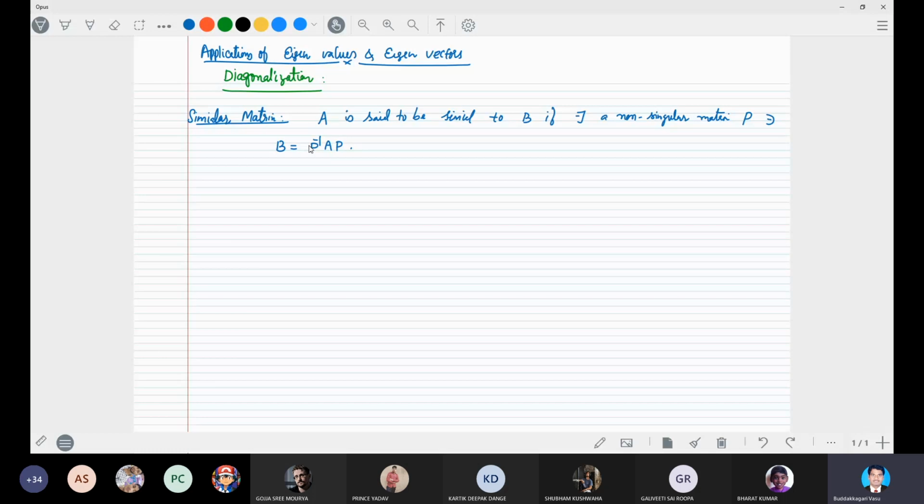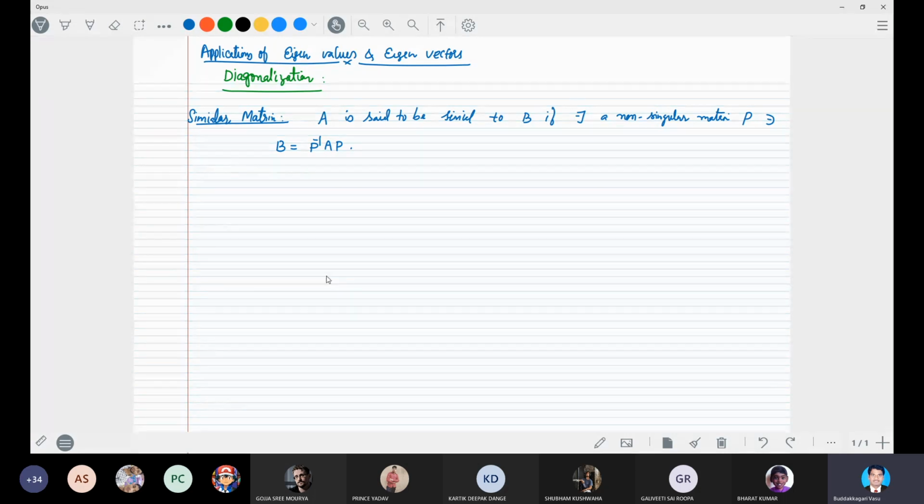This is the definition. That A is said to be similar to B if there is a non-singular matrix P such that P inverse AP is equal to B, or B is equal to P inverse AP, then A is said to be similar to B or vice versa.